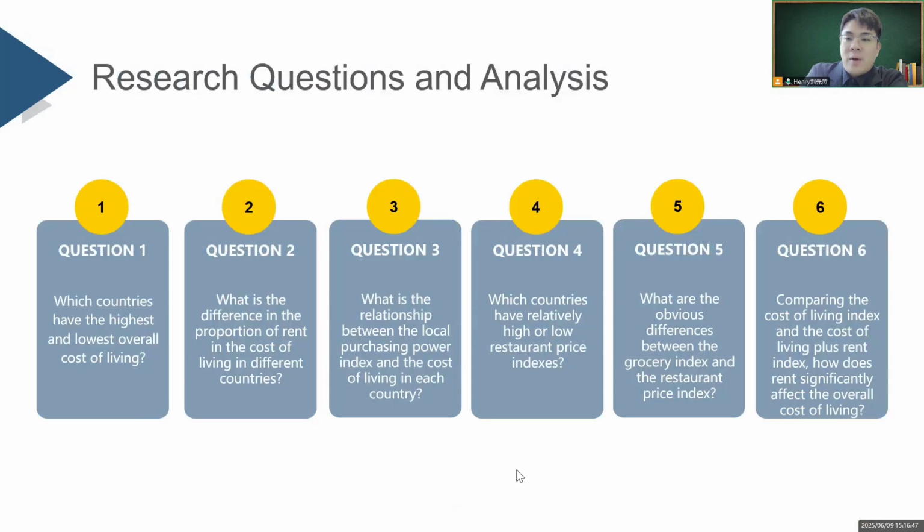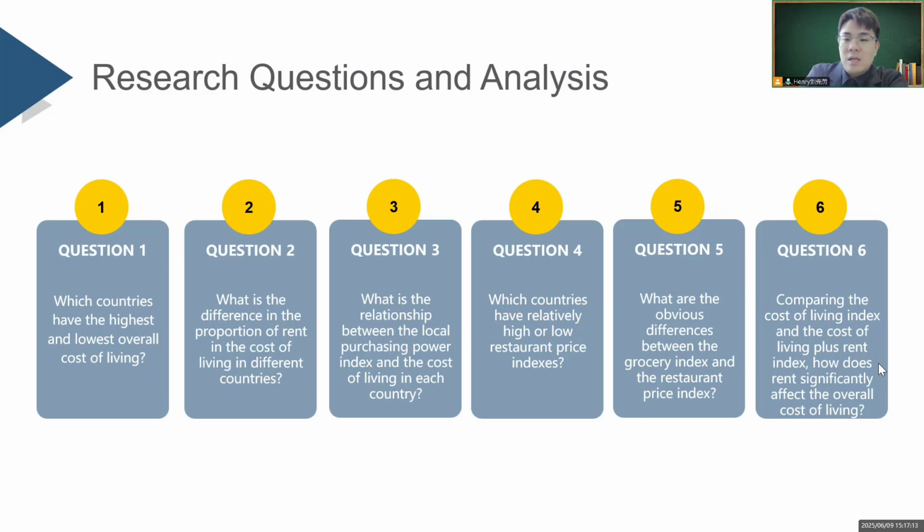For part three, our research answered six key questions. For example, which countries have the highest and the lowest cost of living? How much does rent affect the total cost? What's the link between purchasing power and the cost of living? And how do food and restaurant prices compare?